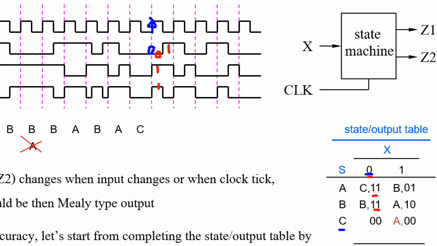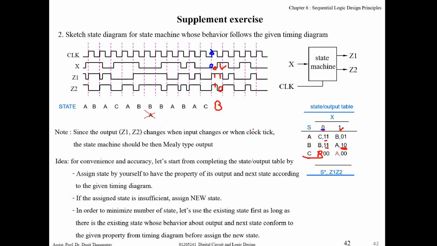And x is 1, output is 1, 0. So it should be state B at here, right? Output is 1, 1 when input is 0, and output is 1, 0 when input is 1. So it should be state B at here. So we can fill state B at here, right? Okay, maybe.